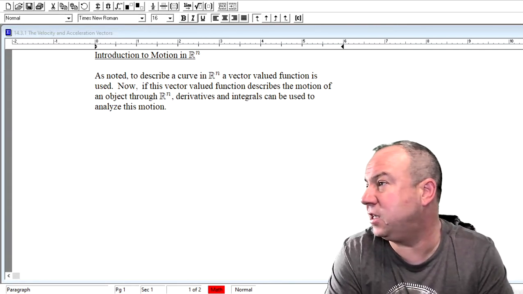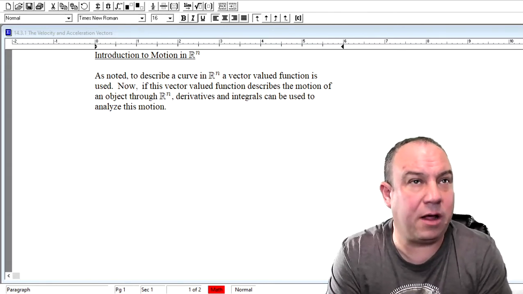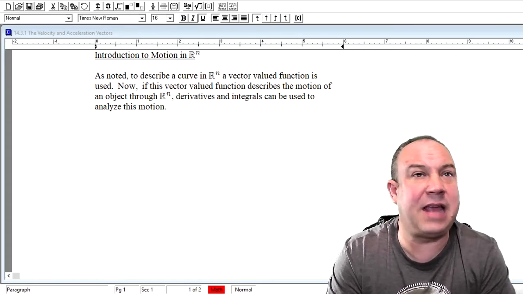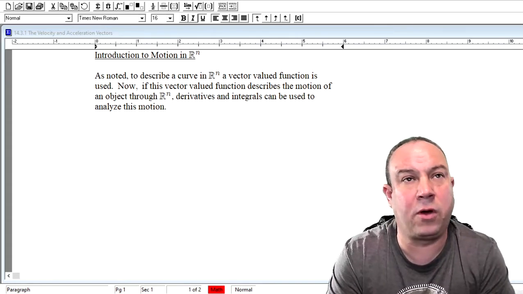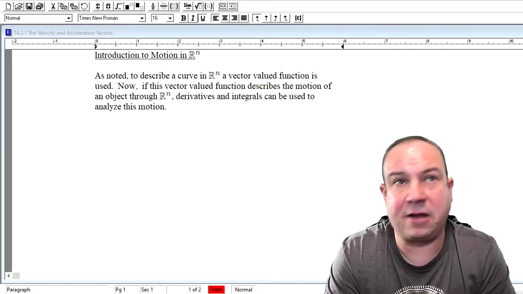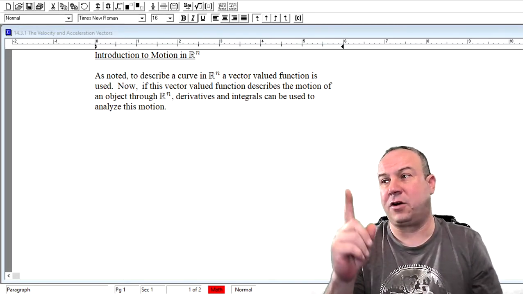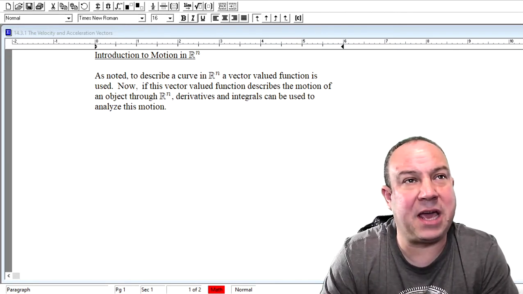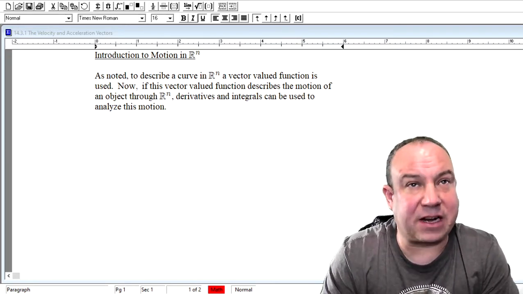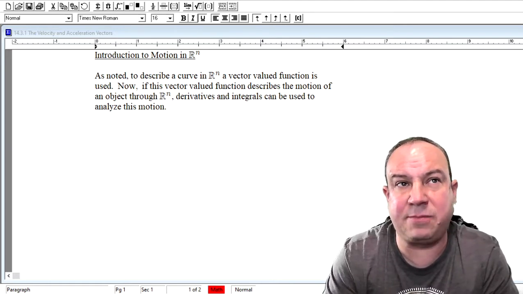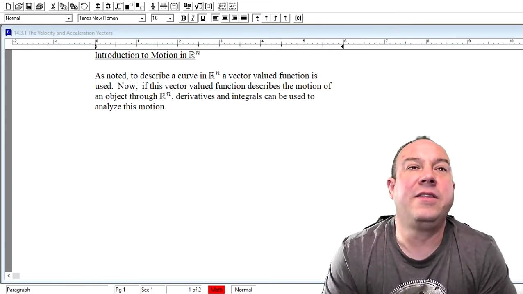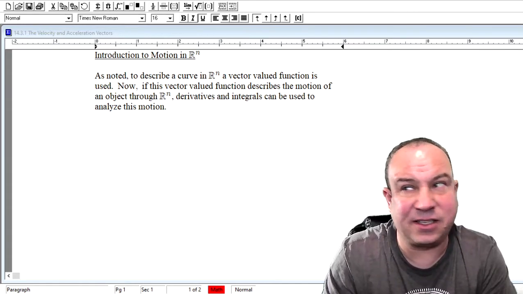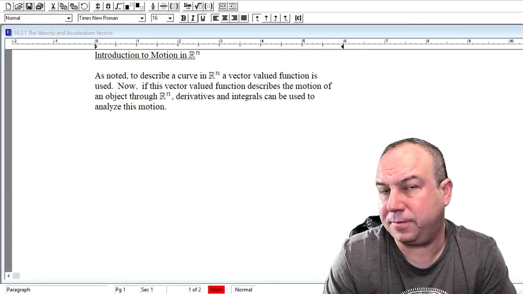So recall that to talk about motion along a path in n-dimensional space, the approach is going to involve the use of a vector-valued function, right? That vector-valued function is how we can talk about moving along a curve in some n-dimensional space. Now, if the vector-valued function describes the motion of an object through n-dimensional space, the derivatives and integrals can be used to analyze this motion. All right?